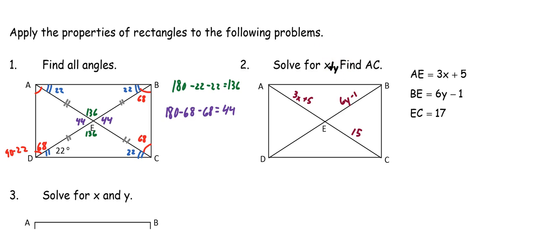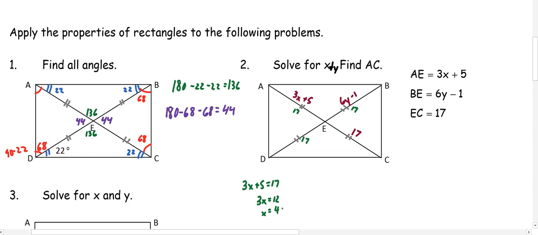Our diagonals are bisected into four congruent parts, which means that if we have one measure of 17, all of our diagonal pieces are going to be 17. So to solve for x, we set 3x plus 5 equal to 17. Subtract 5 on both sides, and we get 3x equals 12. When we divide, x is 4.